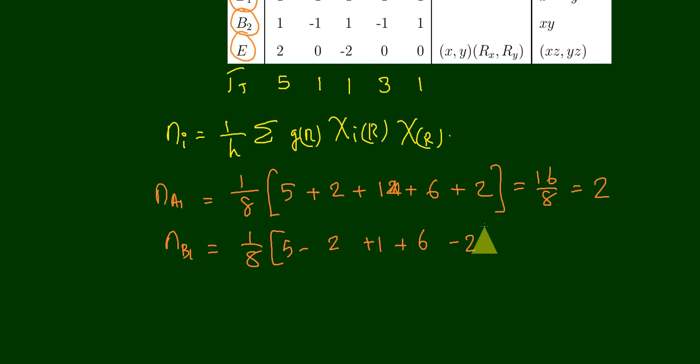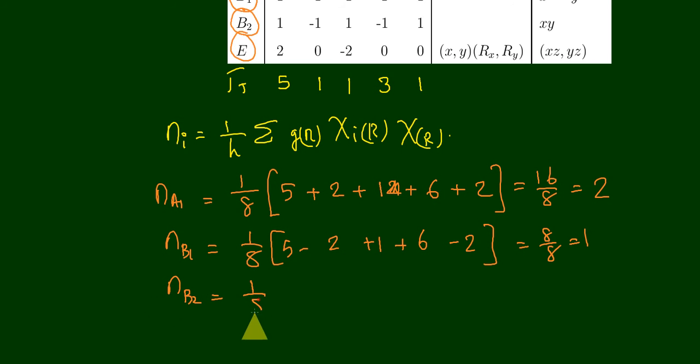So 5 minus 2 plus 1 plus 6 minus 2, then 5, 6, 6, 6, 12, 12 minus 4, that is equal to 8, that is 8 by 8, that is equal to 1.